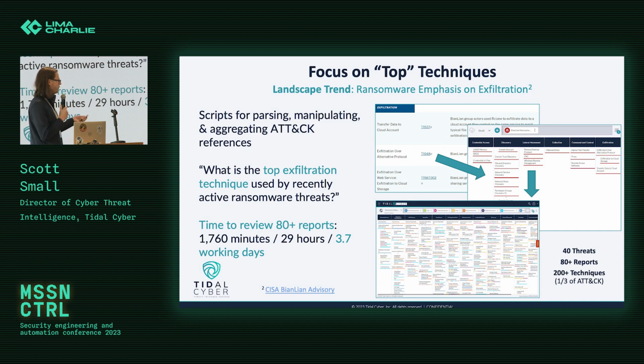This is a screenshot from the community edition, where we've tallied up 40 of the recently active ransomware threats out there in the world, the ones responsible for the most attacks. These are coming from over 80 public CTI reports. It would take you 3.7 working days to literally read through those reports, let alone start to parse out useful details from them.